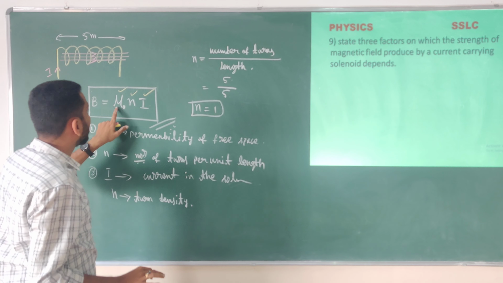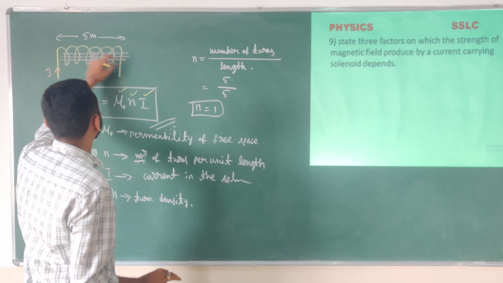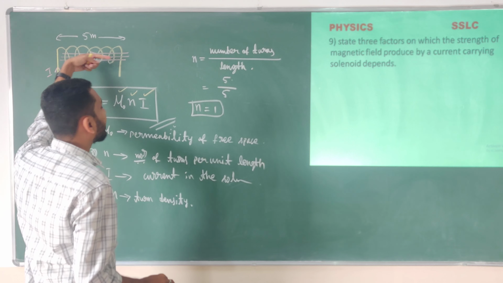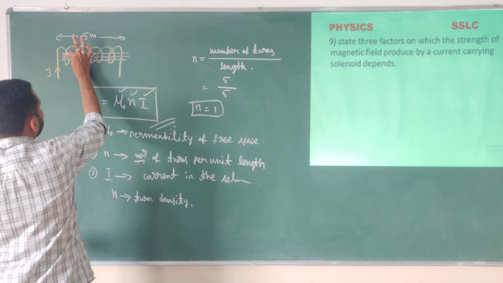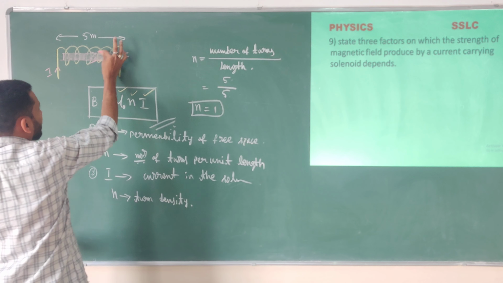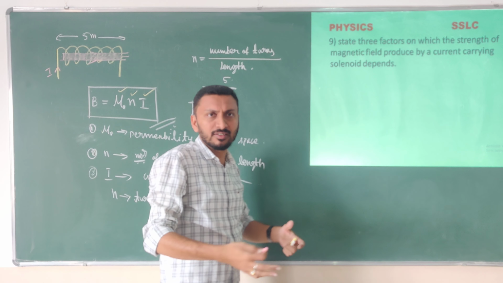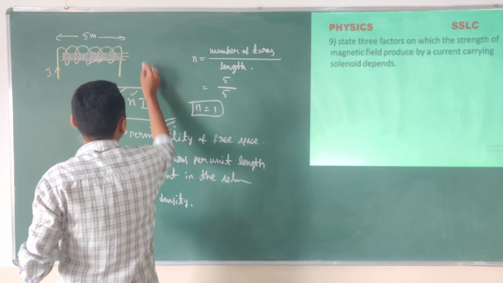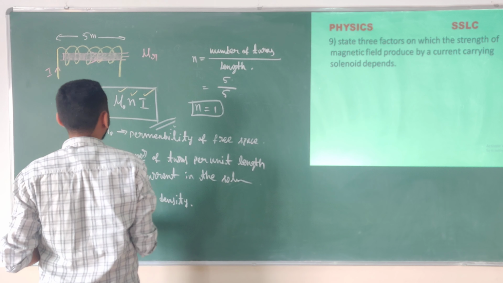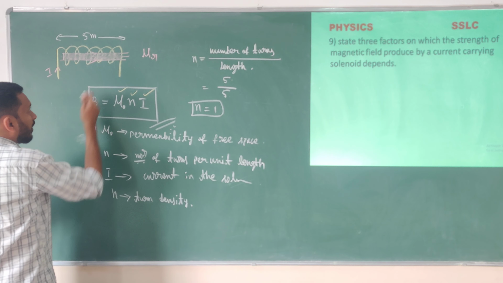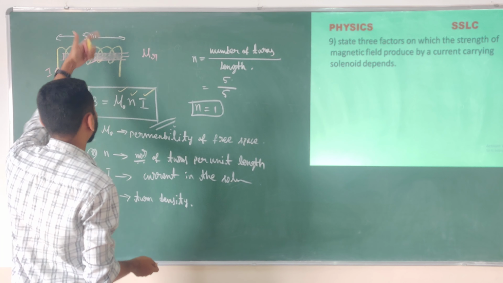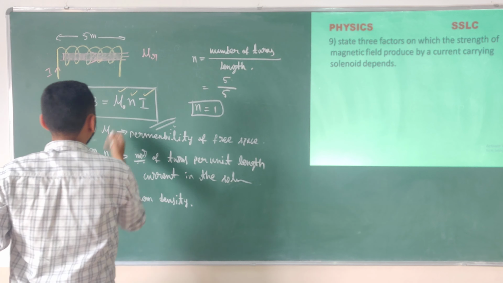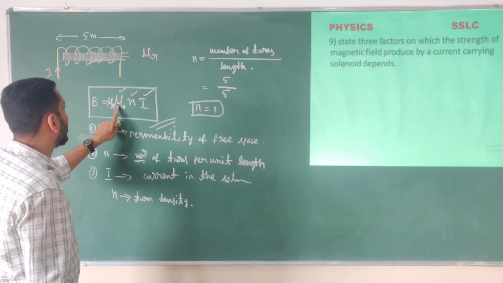And very important, this formula is for air core. If nothing is there inside this solenoid, and if you consider any magnetic material or any material having relative permeability mu r, or soft iron, if you place any soft iron cylinder inside that solenoid, then this expression will be B is equal to mu naught into mu r into n I. You have to multiply with this mu r.